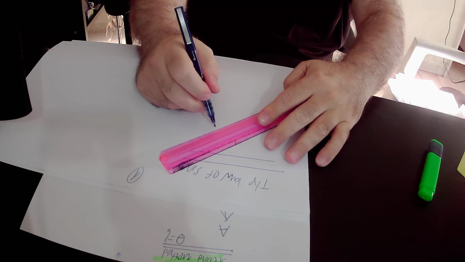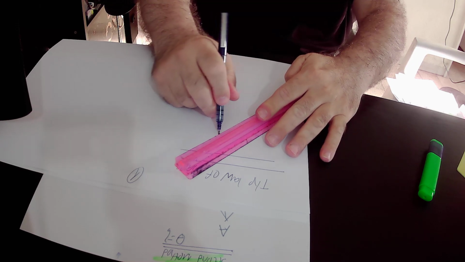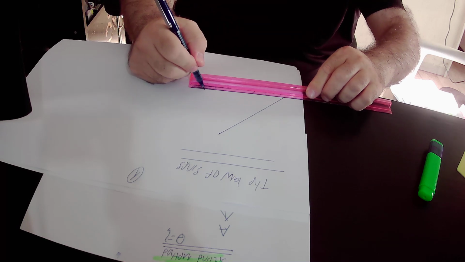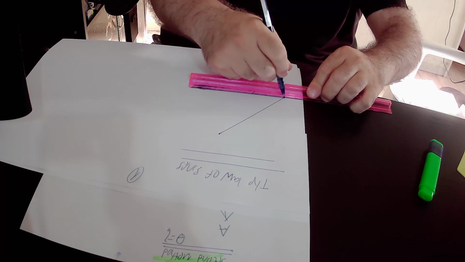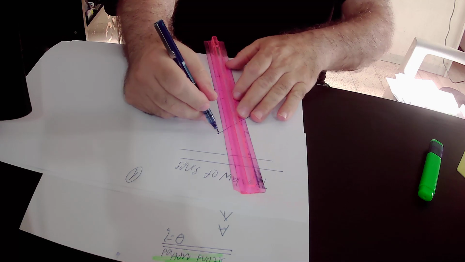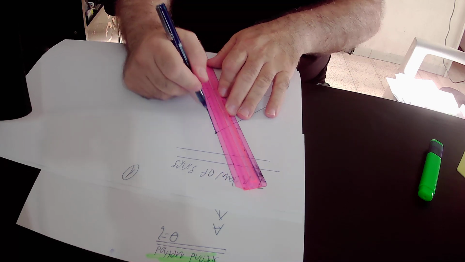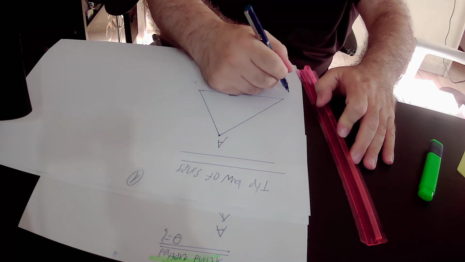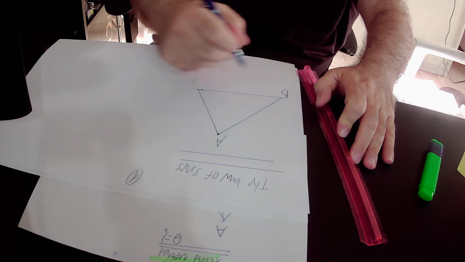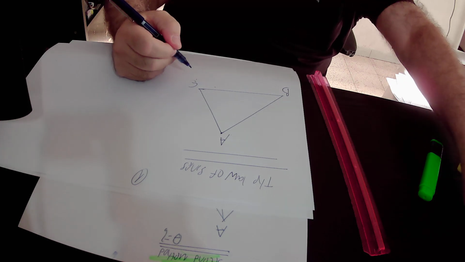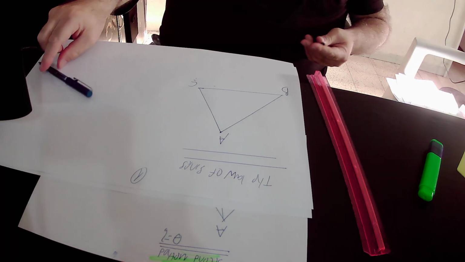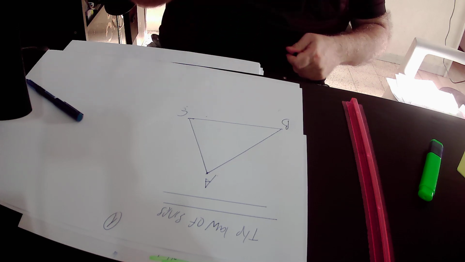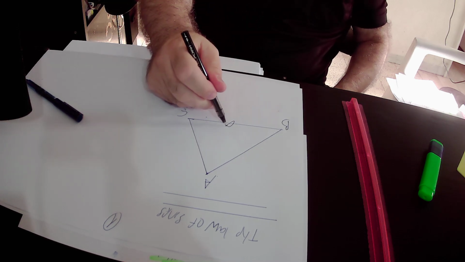So here we have triangle ABC that could be any triangle. Side BC equals a units in its length.